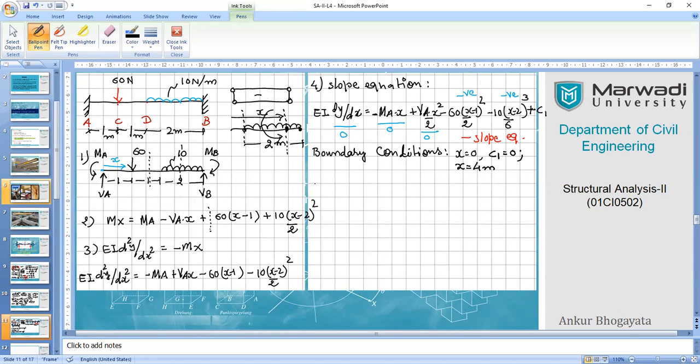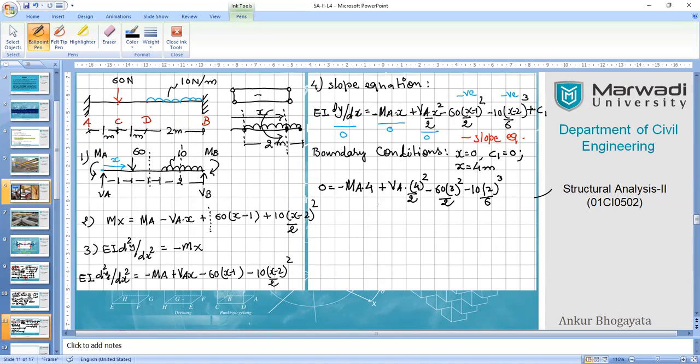So let's rewrite this equation. 0 equals to minus MA into 4, plus VA into 4 square by 2, minus 60 into 3 square by 2, minus 10 into 2 cube upon 6.